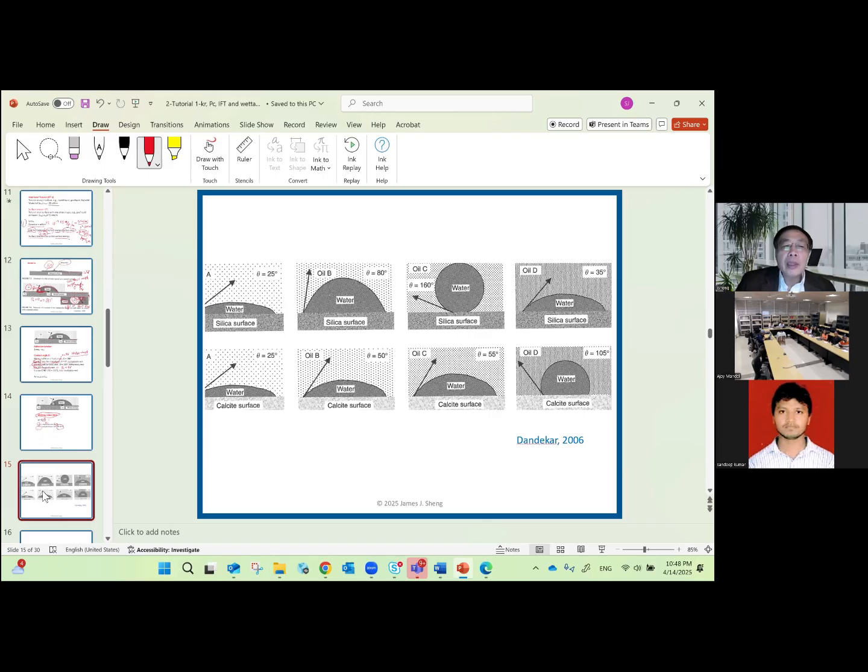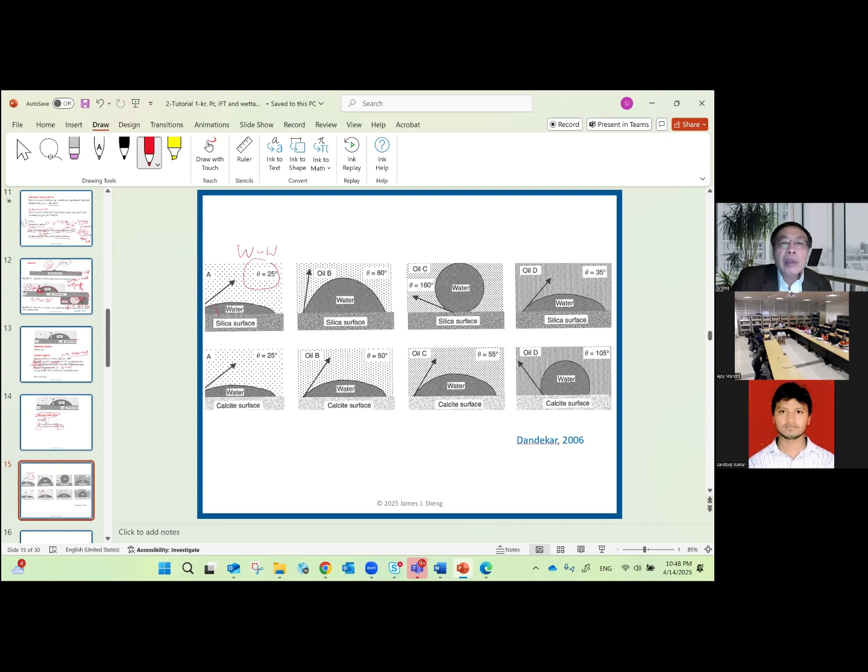So here are some examples. In this one, the contact angle through the water phase is 25 degrees, so this is water wet, right?